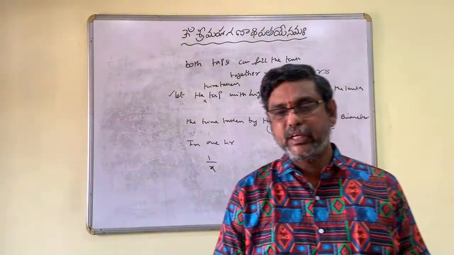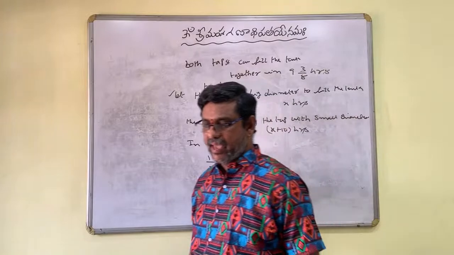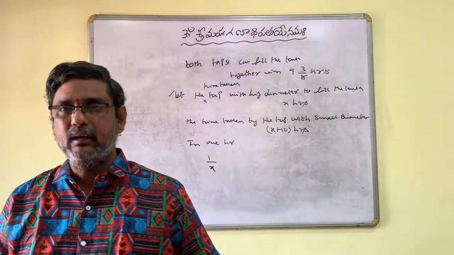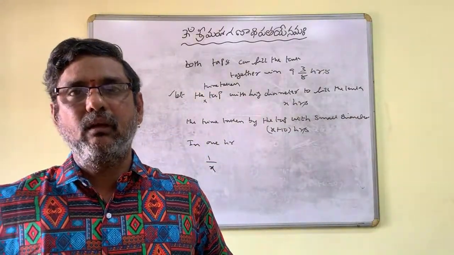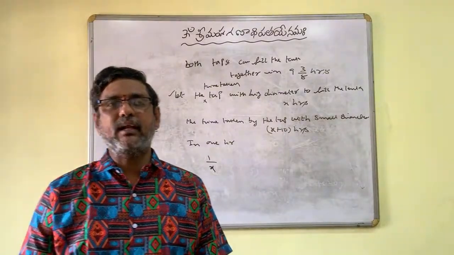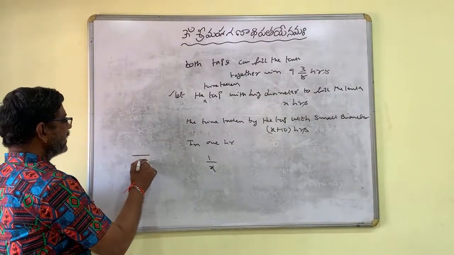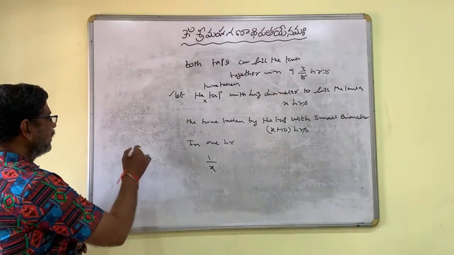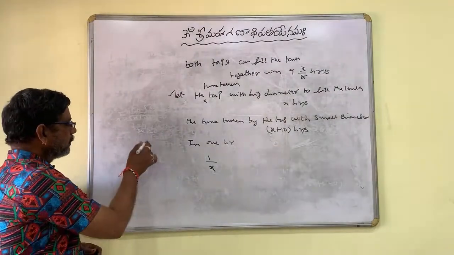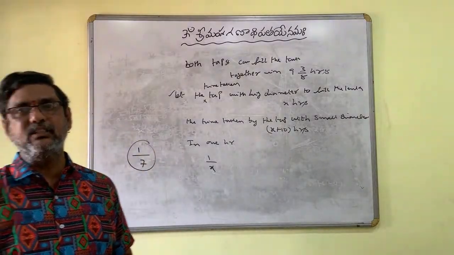So how much of the work is completed? Total work pending is for 7 days. In that, 1 day's work is completed. So 1/7 of the work is completed. That is what you have to understand.